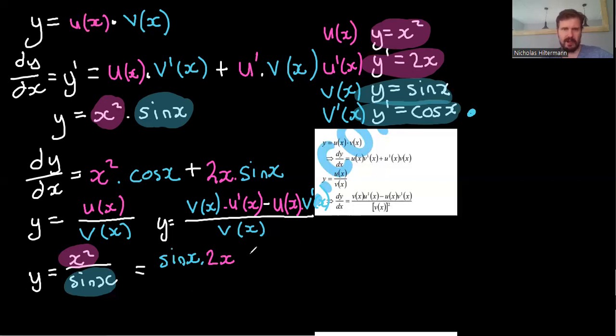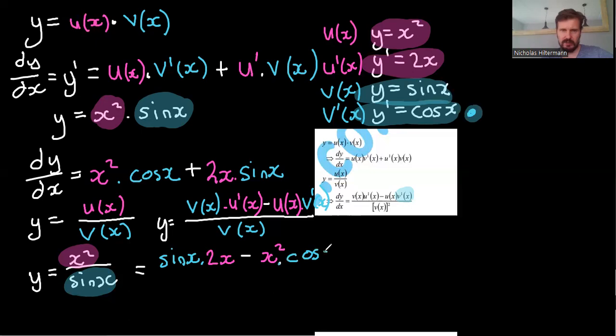Minus, now we leave the top unchanged, so that's x squared. Then the second bit is our v dash x. Okay, it didn't come out so well when I wrote it, but then I'm highlighting it there in blue as well over here. So v dash x, we check this derivative of sin x, which is cos x. So this is simply just subbing in. So all it really is a substitution.